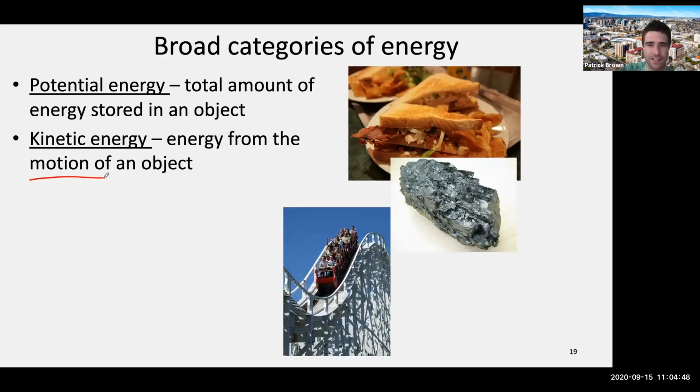In physics class, they tend to talk about kinetic energy a lot with roller coasters. And even potential energy comes into play with that as well: when the roller coaster is at the top, there's a lot of potential energy that could be released, and then it's converted into kinetic energy as it starts moving, and then it can be converted back into potential energy.